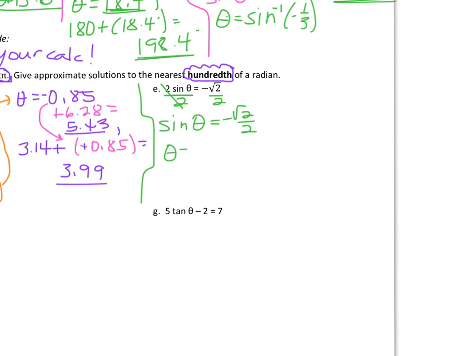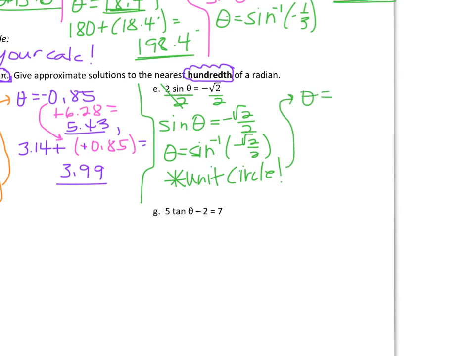If we take the inverse of negative square root 2 over 2, this is unit circle friendly. Any fraction that's from the unit circle needs to be exact. I won't allow decimal approximations. So we have to recognize that that's on our unit circle. Flip back over to the front. When does sine equal negative square root 2 over 2?